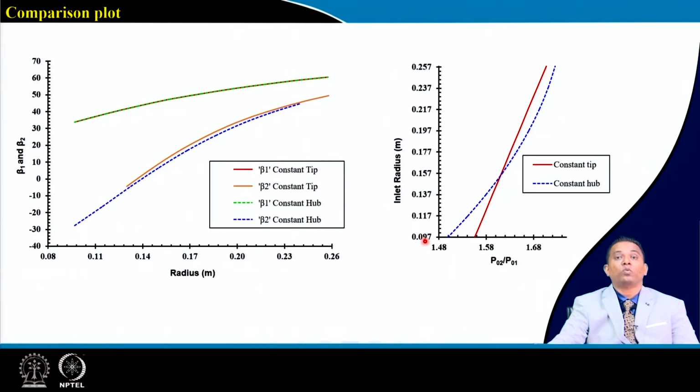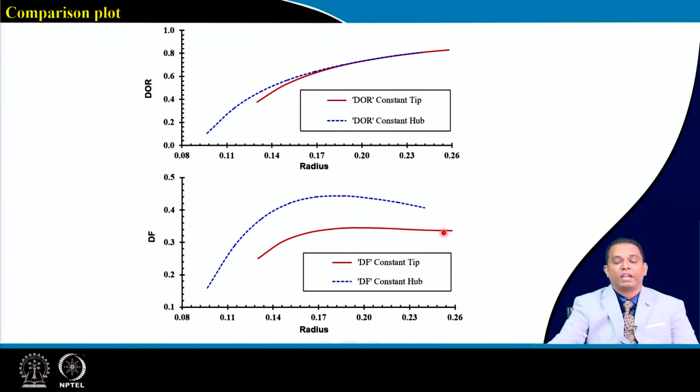It has nothing to do at this moment with what design configuration you have selected. It is because of the delta P0 you are expecting. For constant hub diameter, our expected pressure rise is on a lower side, and that is the reason my degree of reaction number is coming out lower. Suppose you consider delta P0 to be different, it may give a different configuration.